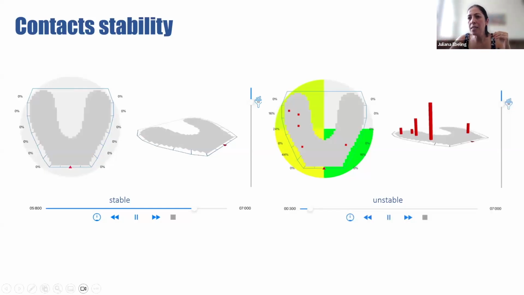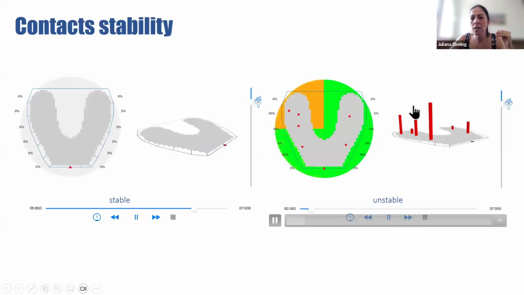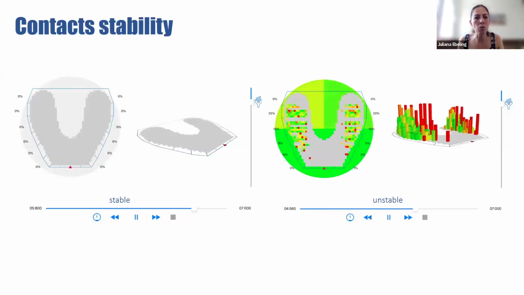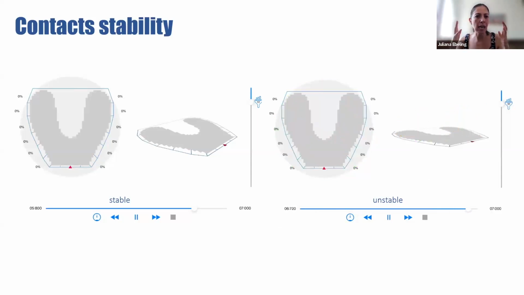But if I have an unstable system, look, the patient bites, closes in one place, and then I ask them to close again, and I have a completely different graphic. So here I'm in front of an unstable occlusion. Then it's very important information, depending on what I'm planning to do with this patient.